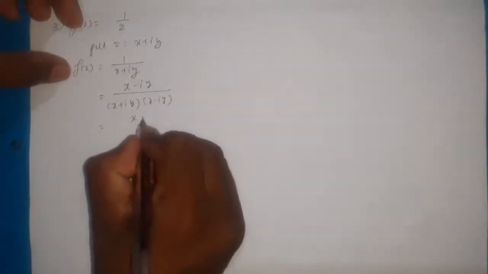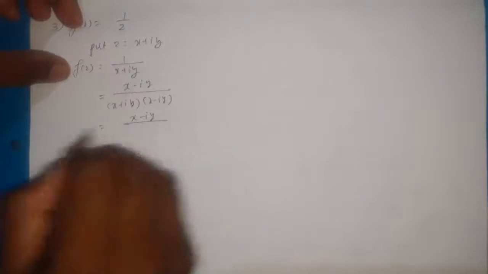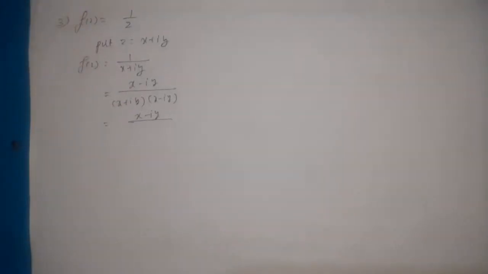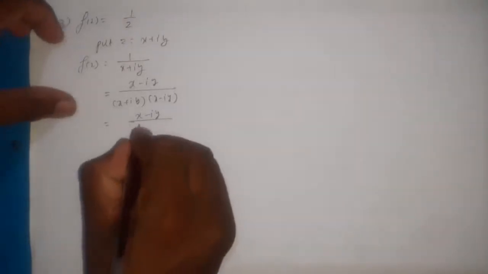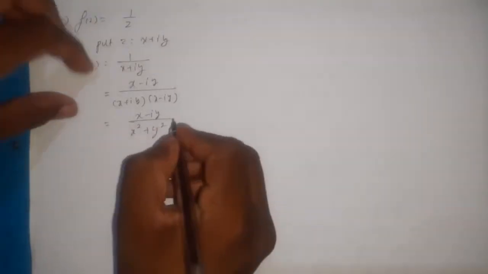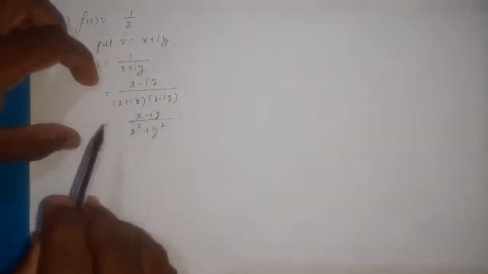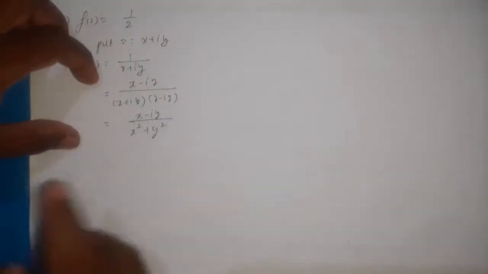In the numerator there is no change, that is x minus iy, but in the denominator it is of the form a plus b into a minus b. That is usually a square minus b square, but here it is a complex number, x plus iy times x minus iy, which becomes x square plus y square, because i square is minus 1, and minus of minus becomes plus.